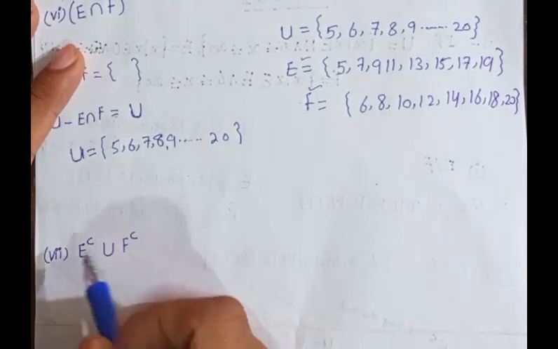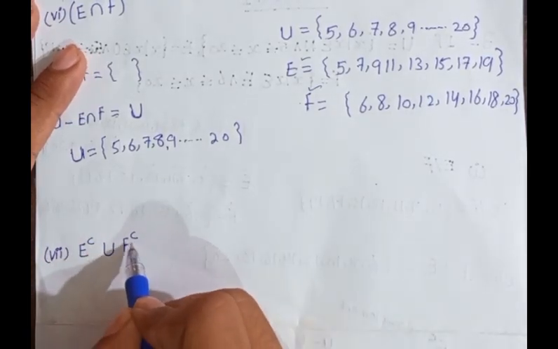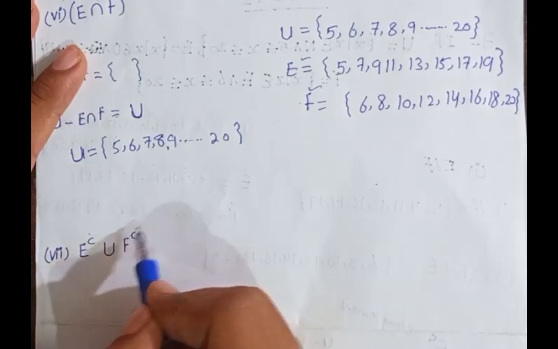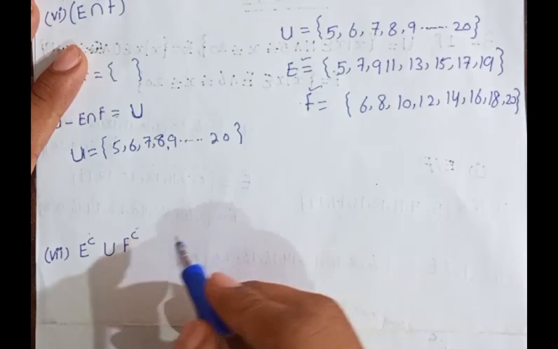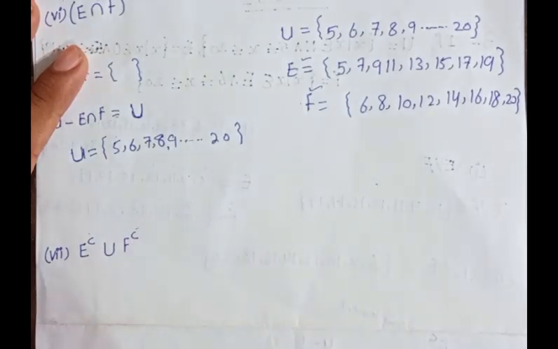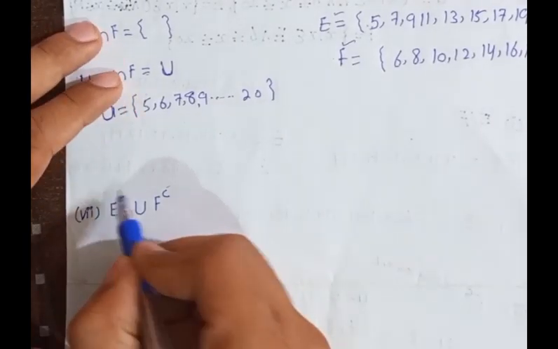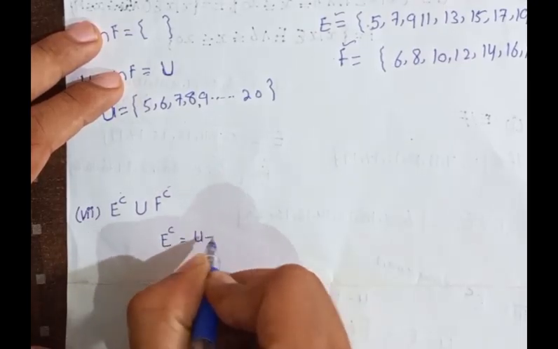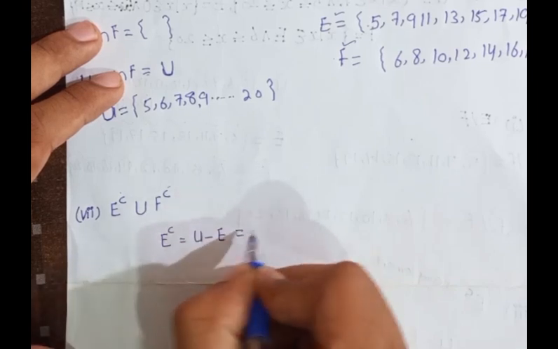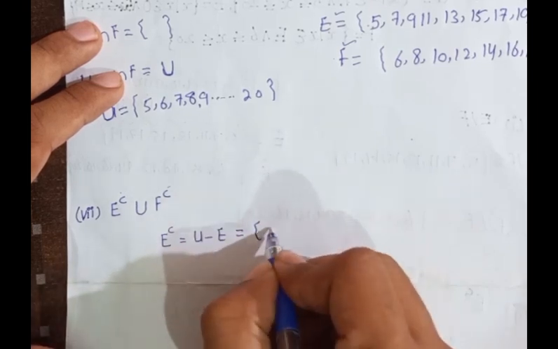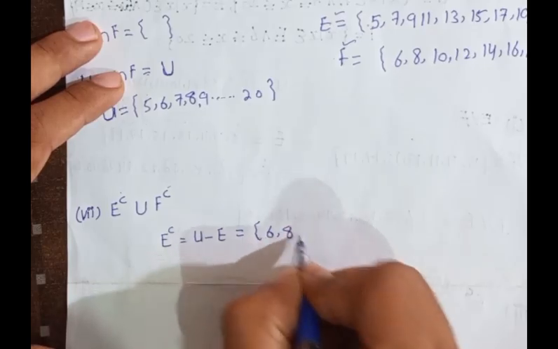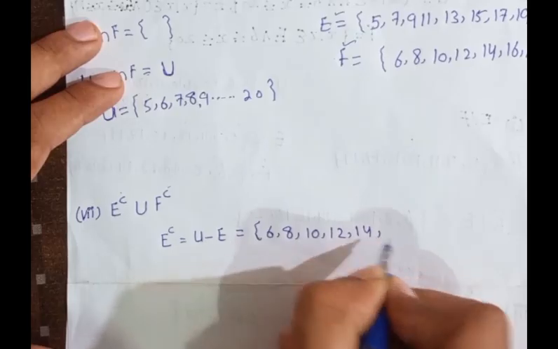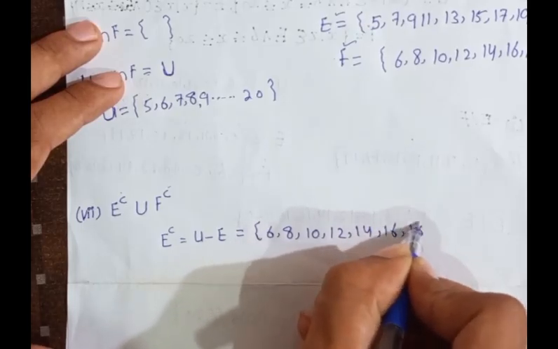Come to another question, that is E complement union F complement. As you remember, we found the E complement and F complement in previous questions, so we will directly write their values. E complement is equal to U minus E, which is 6, 8, 10, 12, 14, 16, 18 and 20.